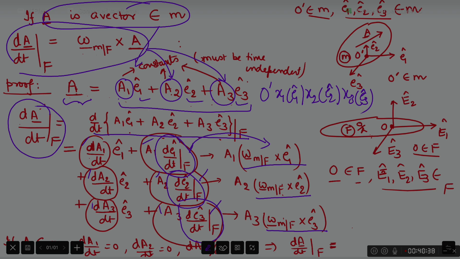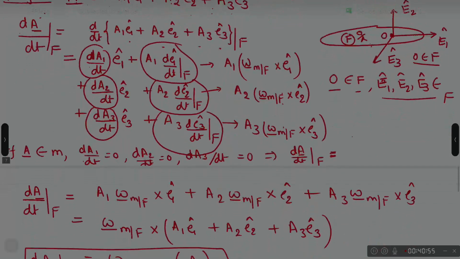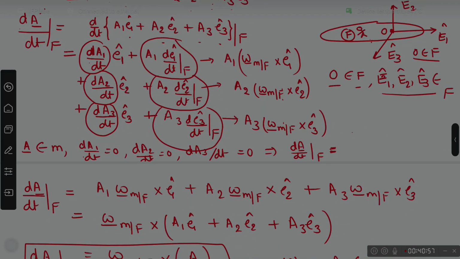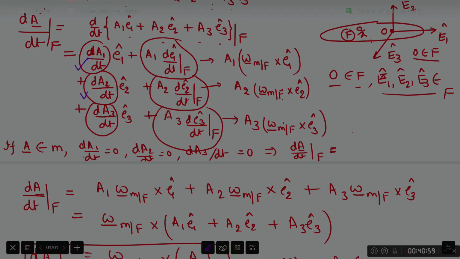So we get rid of these time derivative operators here by utilizing this property of omega MF. On the other hand, we have this type of terms. However, these will be individually zero.